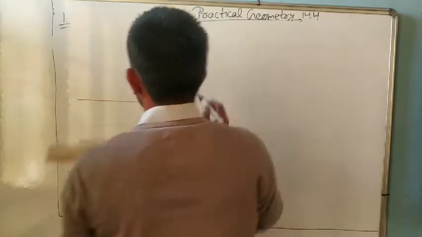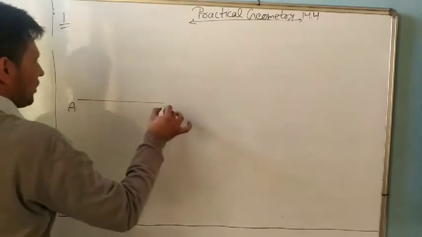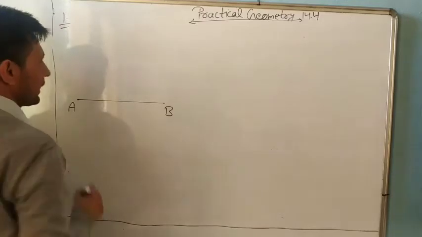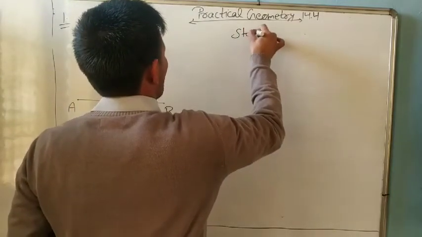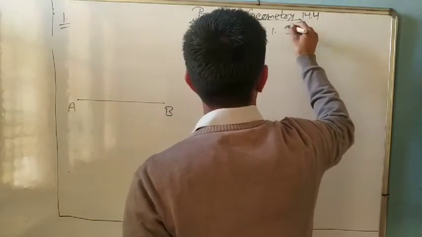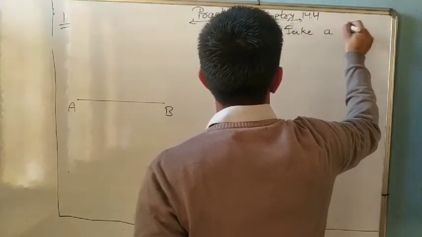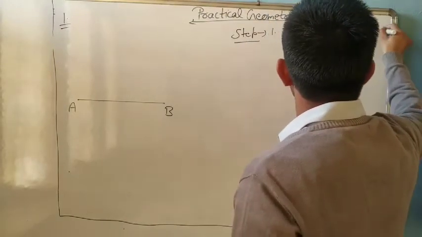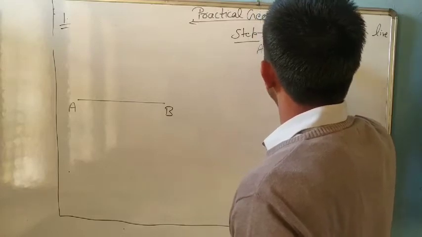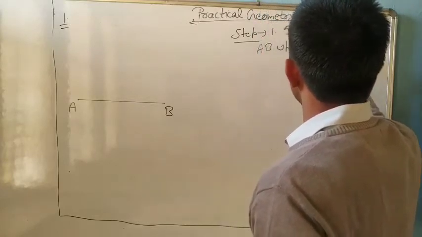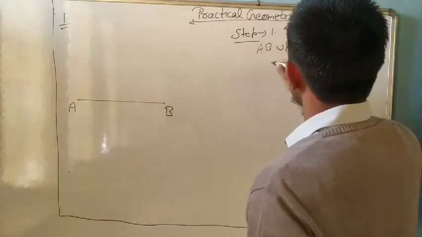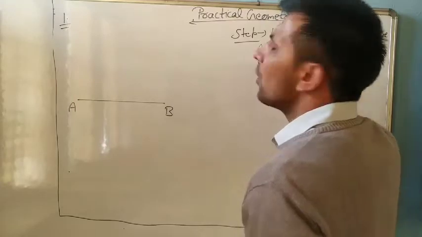So draw any line AB. So in the first step, what will we write? Take a given line AB whose length is not given. Yes, we don't know the length of AB.